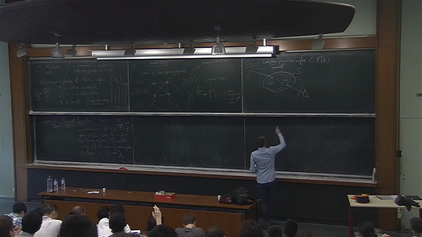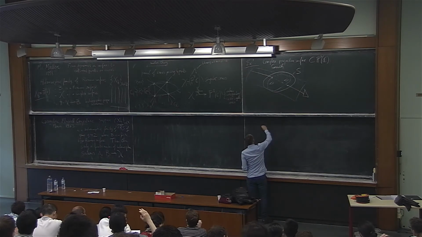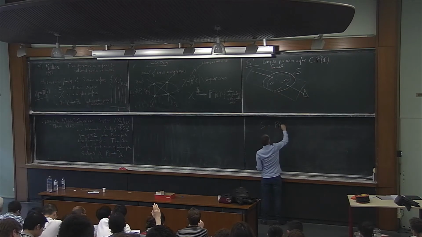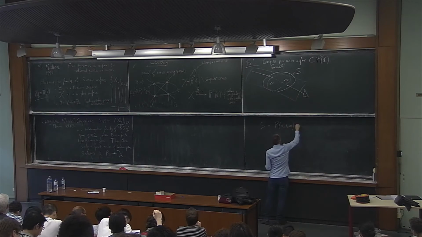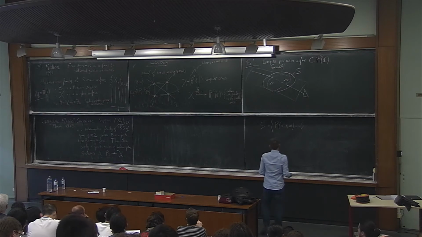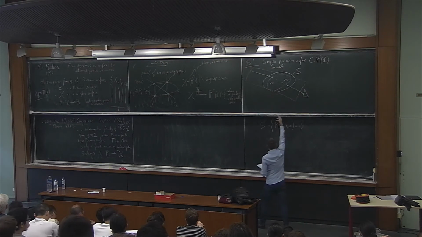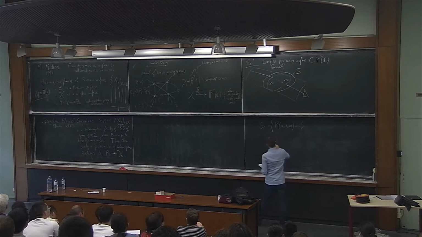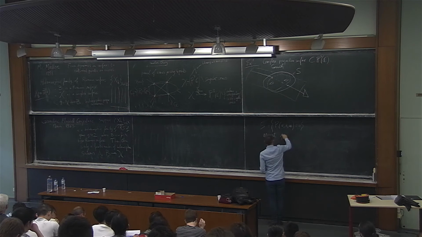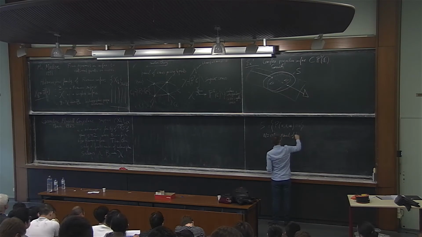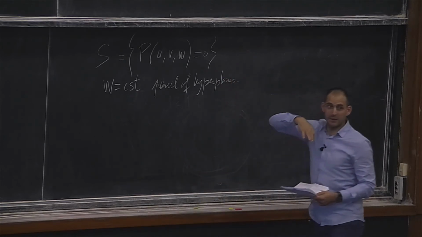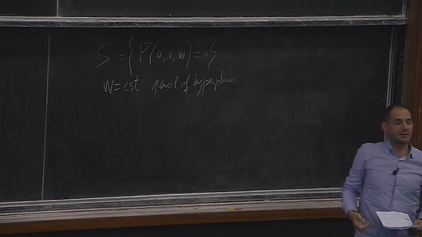Say S is given by P of U V W equal to 0, and assume that the pencil of hyperplanes passing through delta is given by just W equal to constant. So here the line delta, in these coordinates, is going to go to infinity, right?